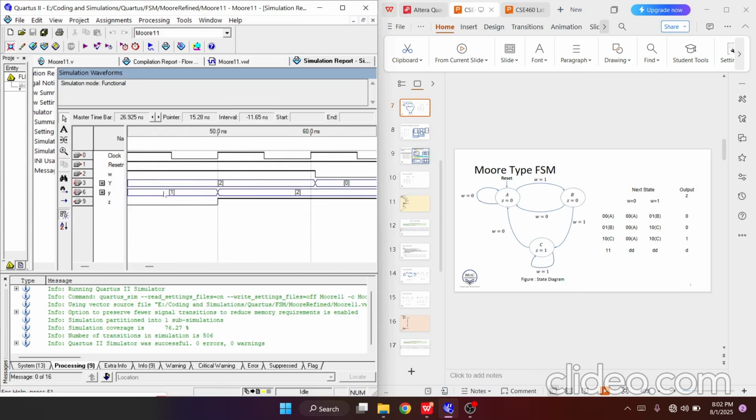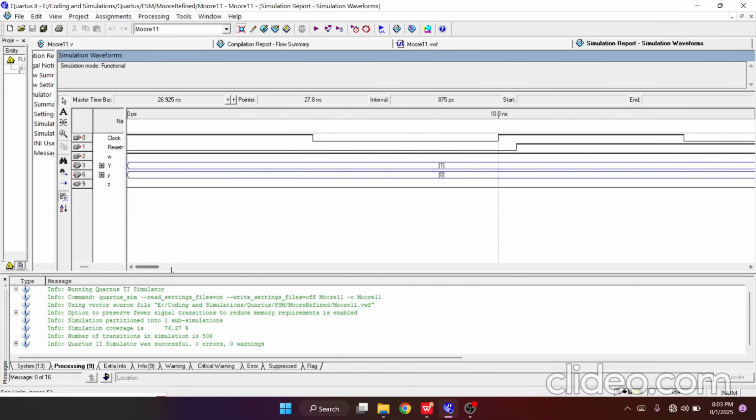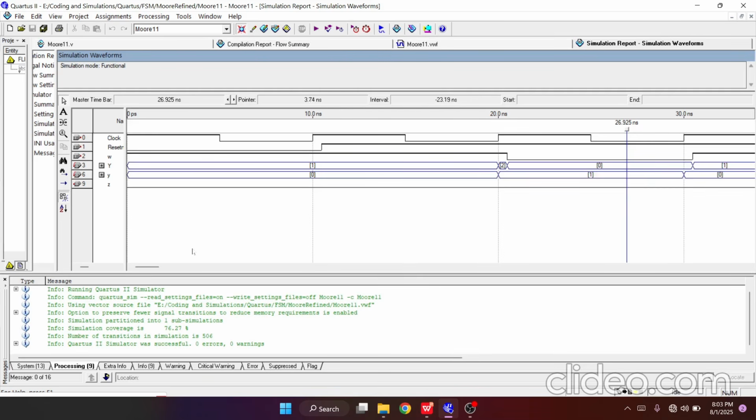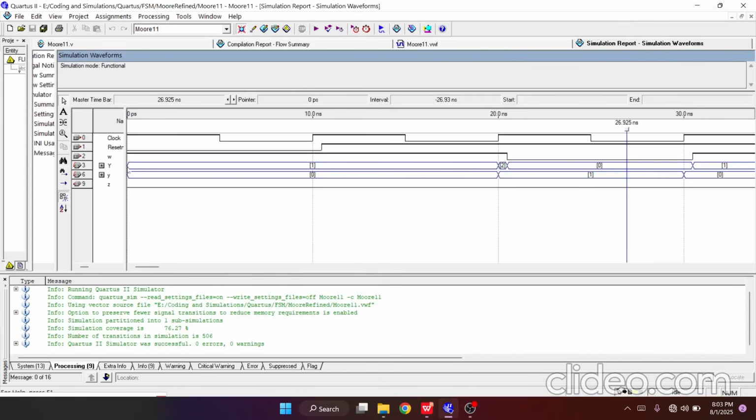See, if I zoom a bit, when you are in initial state 0, if your present state is 0 and you get W equal 1, your code also says, and your state diagram also says, that your Y or capital Y should be 1, which is true here. From here to here, your value is 1.